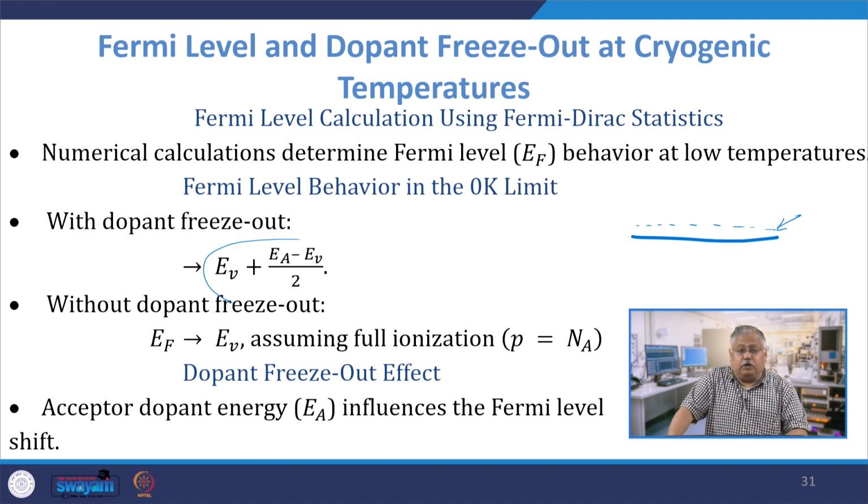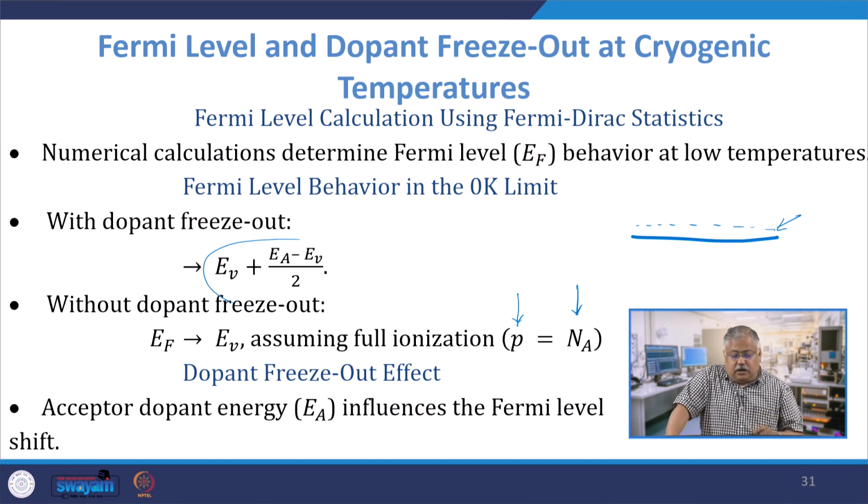Without dopant freeze out, my Fermi level will be close to EV, assuming that full ionization has taken place and all the acceptor species have been able to donate the holes, which means that the acceptor dopant energy influences the Fermi level, right. So let us again recapitulate this slide before we move forward.